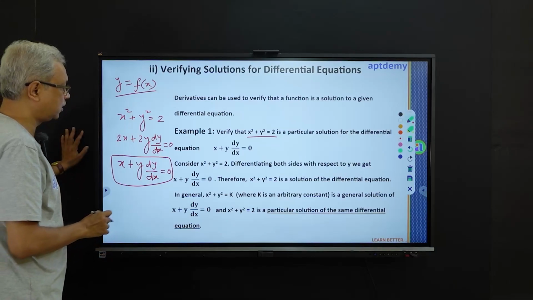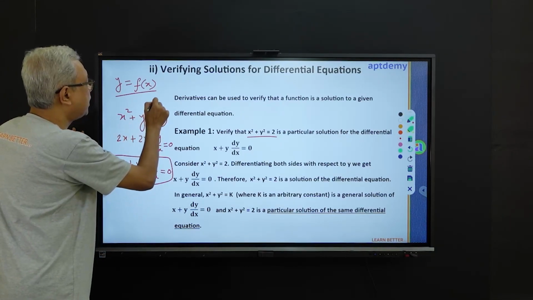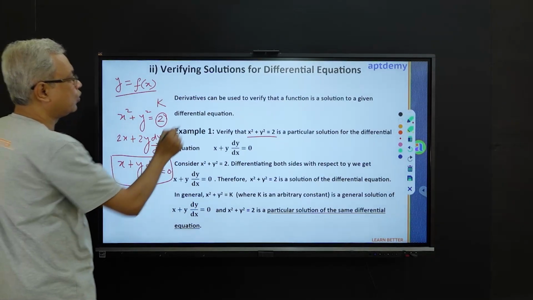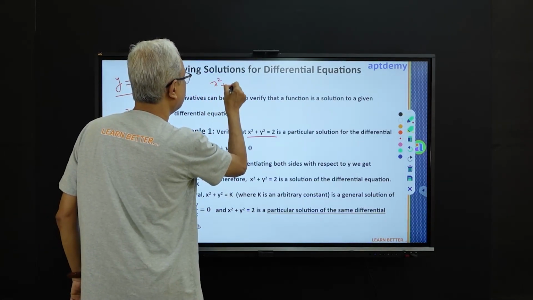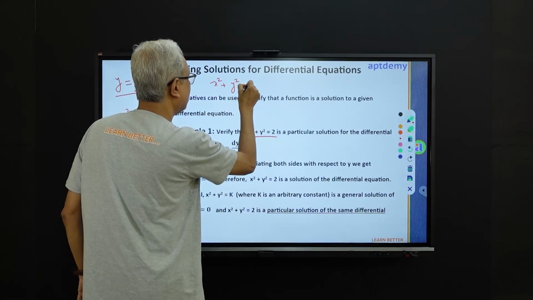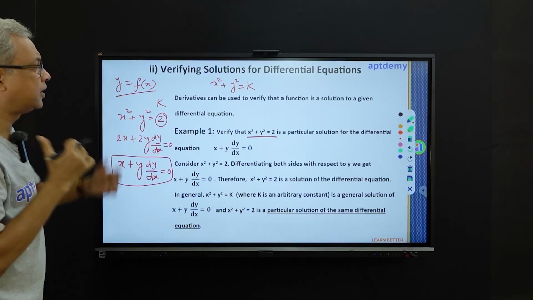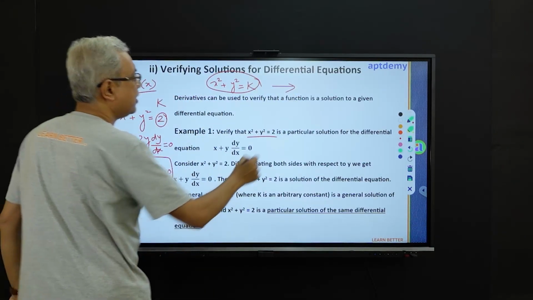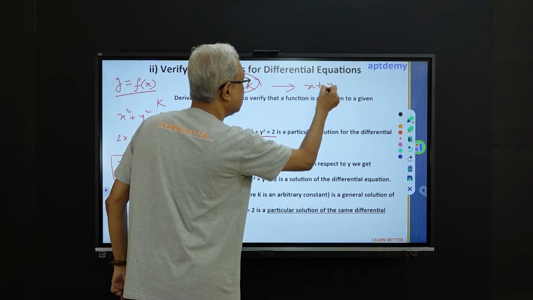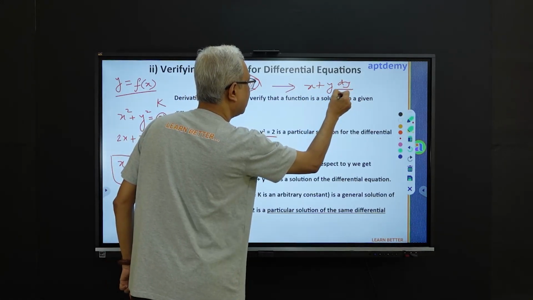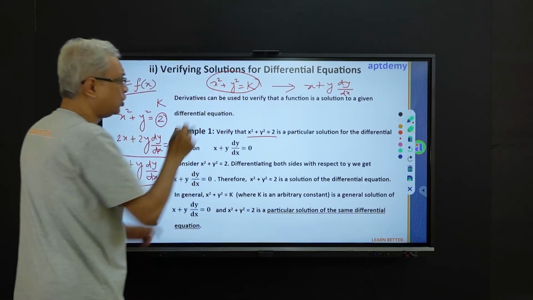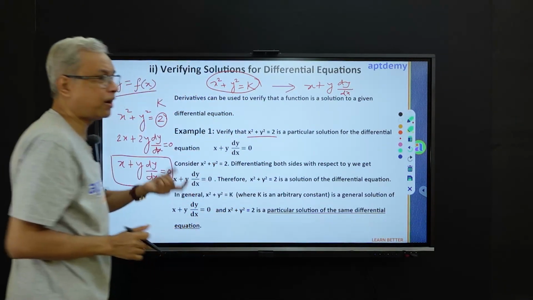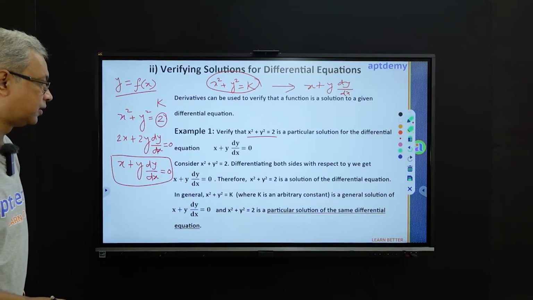This is a particular solution because instead of 2, if you write anything like k, then also you get this solution. So x square plus y square equal to k, where k is an arbitrary constant, is also a solution of this differential equation, x plus y dy/dx equal to 0. So this is a general solution, and when the k value is 2, we call it a particular solution of the differential equation.